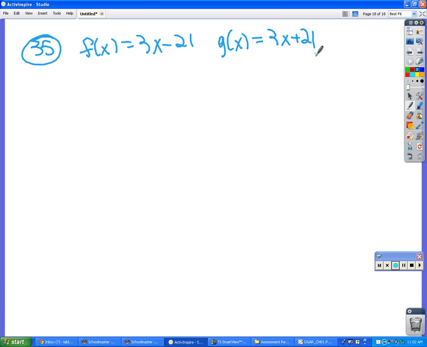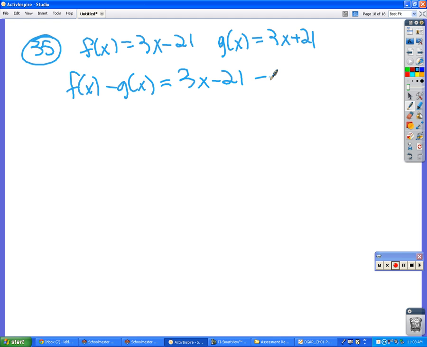Okay, so 35 says given the functions f of x and g of x, show that the function f of x minus g of x is constant. How would you find out what f of x minus g of x is? Okay, so I'm going to go f of x, which is 3x minus 21, minus g of x.